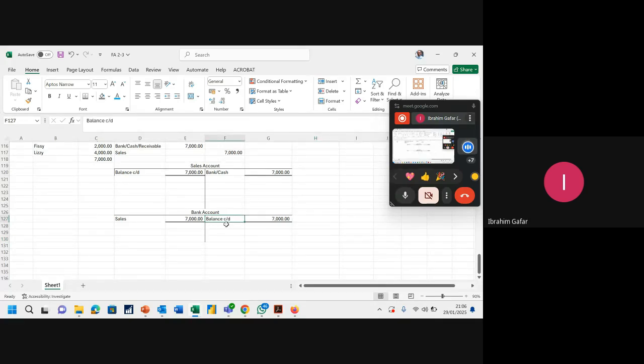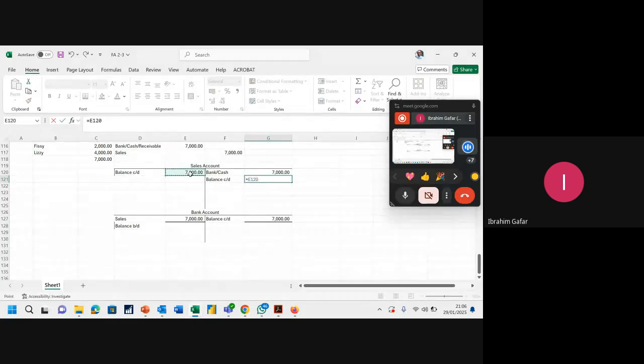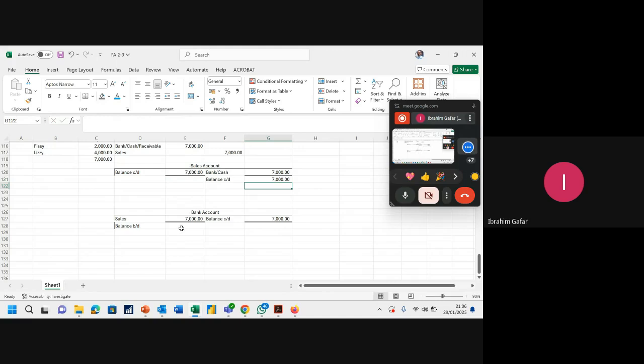When you have this balance carried down here, it means in your trial balance, you now bring a balance brought down to the opposite side of it. So 7,000 naira, you bring this value here, bring this one here too.